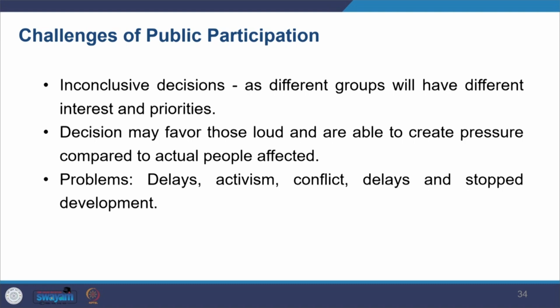Every group might have different interests and priorities, which might also cause inconclusiveness in the decision. It is also possible that the decision may favor those who are loud and able to create pressure compared to the actual people affected. You have a range of people, but it is quite possible that the louder, more influential people are favored by the decision, irrespective of who is getting affected more.